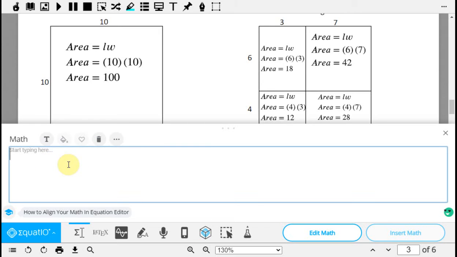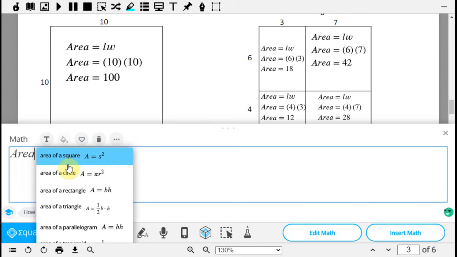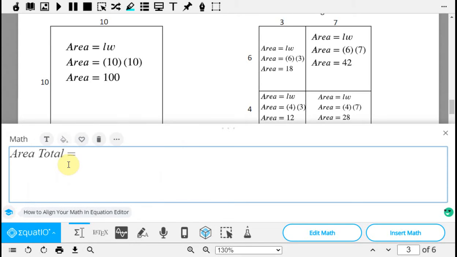So what we have is total area (18 plus 42 plus 12 plus 28), and you probably already expected the answer to be 100.